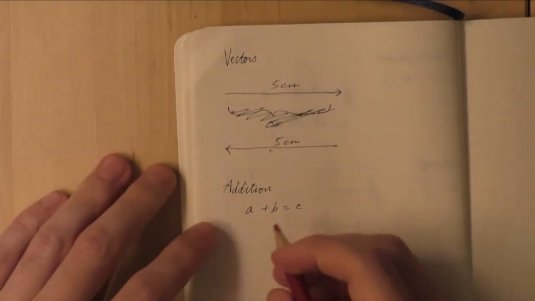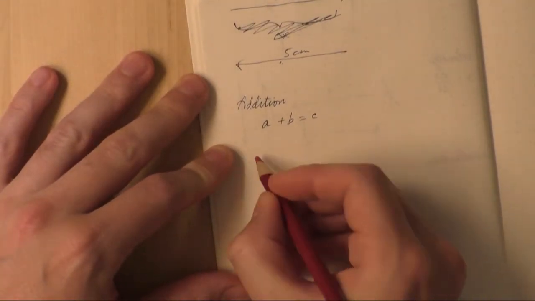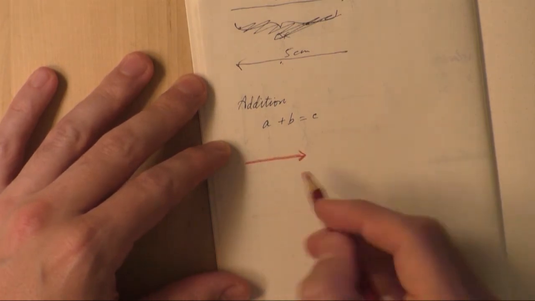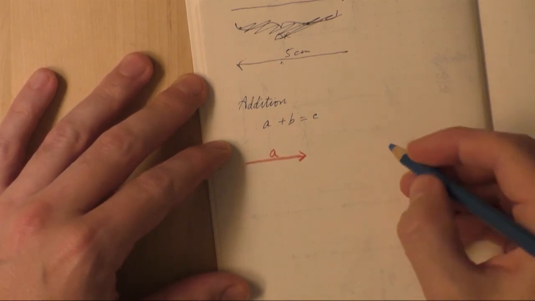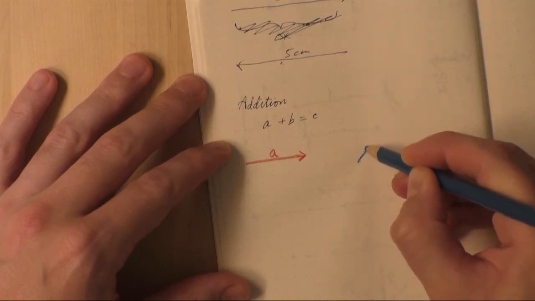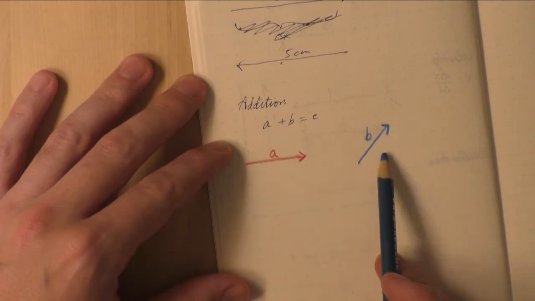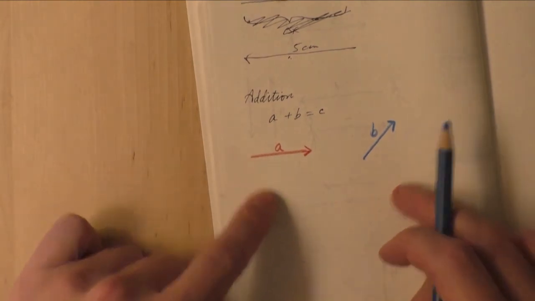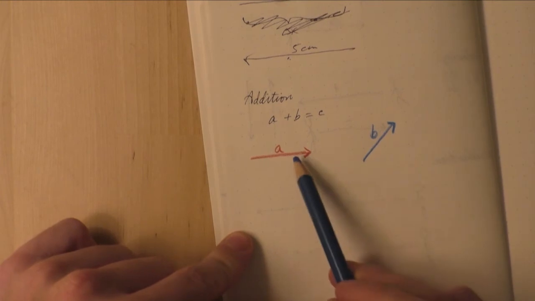So let's say vector A, it can be anything, but let's say vector A is just like this along the x-axis kind of, and vector B is like this. We can add these together visually without really doing any math. We can just visually stick them together and create vector C, and I'll show you how to do that.